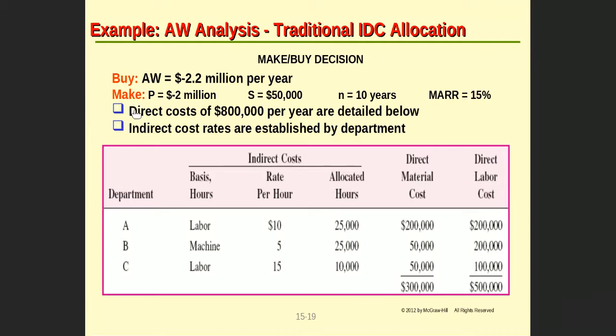It also gives you the information that the direct cost of 800,000 per year is detailed below, and the indirect cost rates are established by the department. When it says the indirect cost rates, that means the rate is already found.